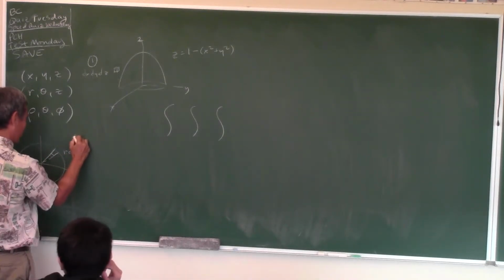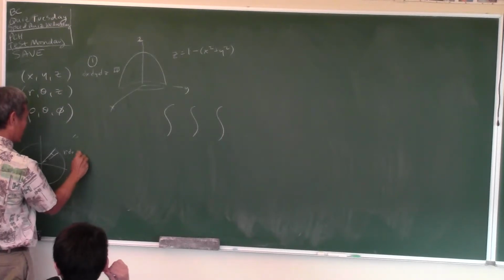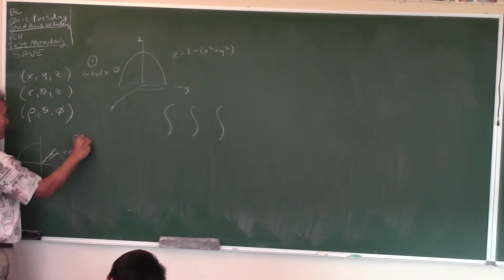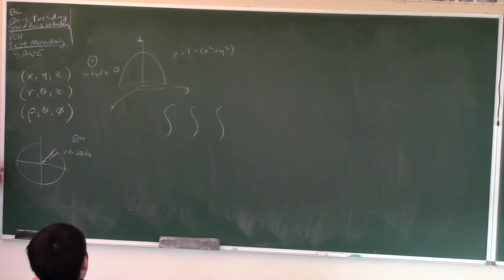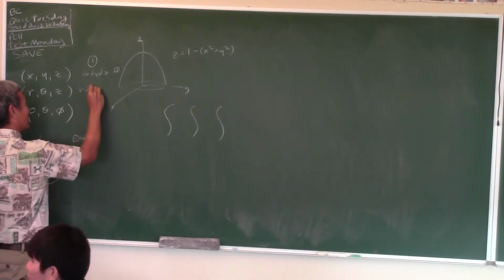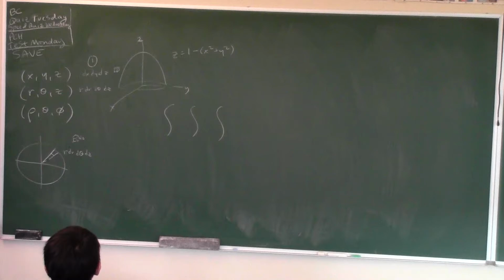Is it r dr d theta? Yeah, r dr d theta. So you have it like this, but then there's a height to it which is dz. It's not really a rectangle, but a rectangular thingy. So it's r dr d theta times the height, which is dz, infinitesimally small.